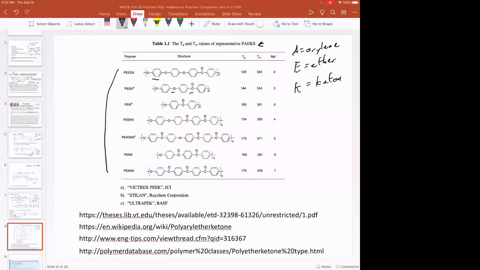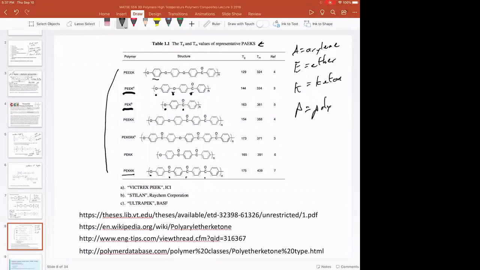And we're not going to have a polymer chemistry course here, but you should know some of these terms, because all these different materials, whether it's PEKKK, which is ether, ketone, ketone, ketone, or whether it's PEK, ether, ketone, or the traditional PEEK, ether, ether, ketone, and of course P stands for poly.